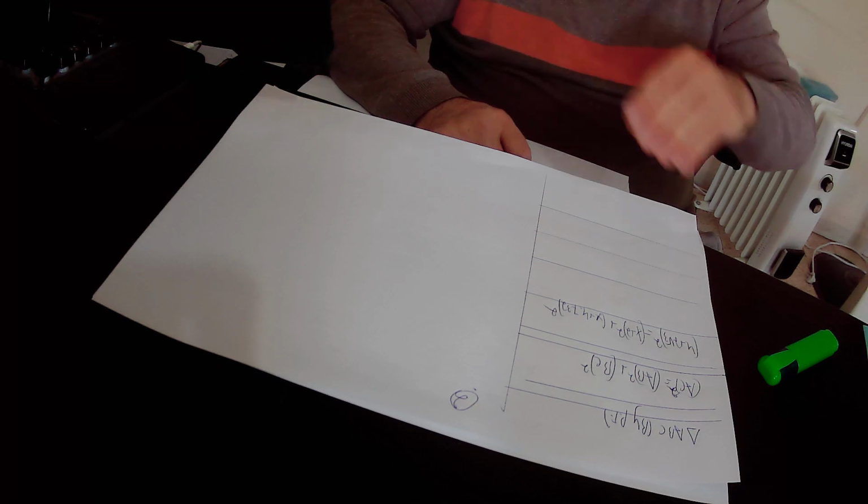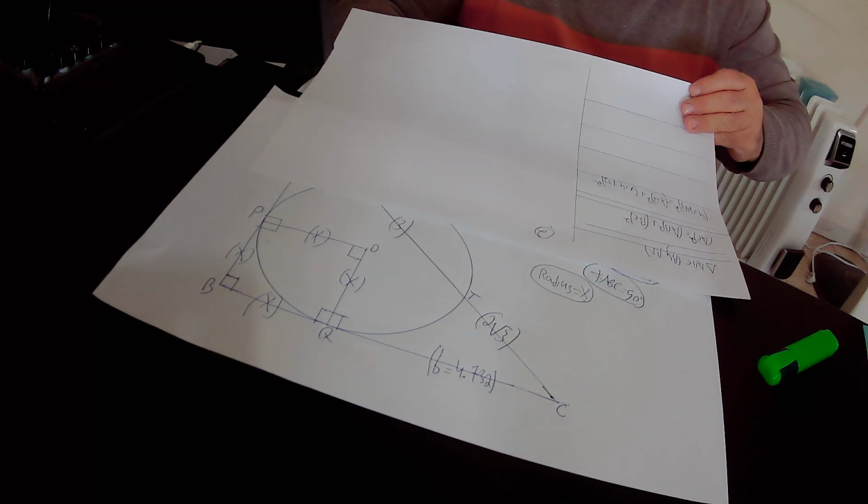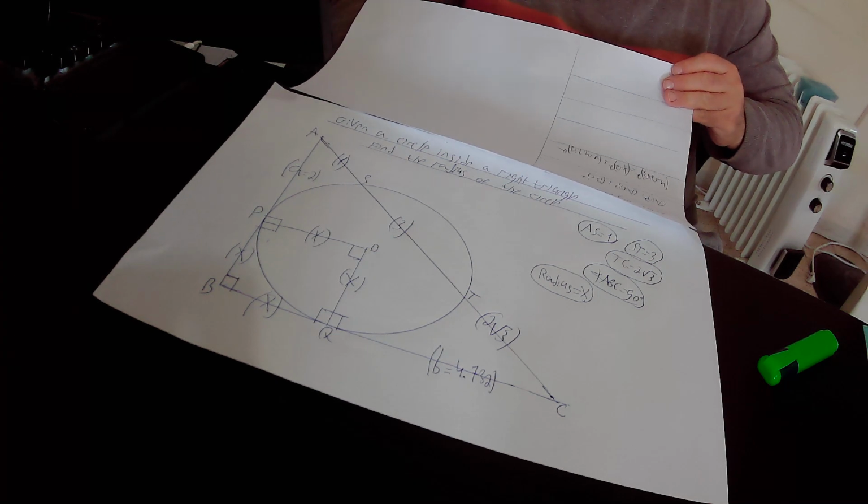So, what is the value of 4 plus 2 times square root of 3 squared?